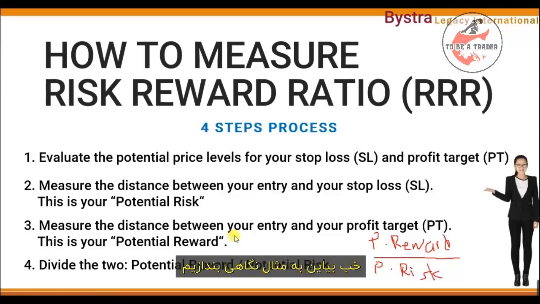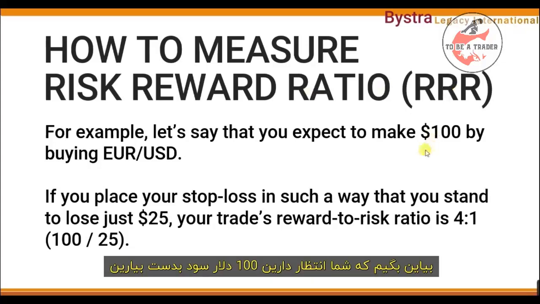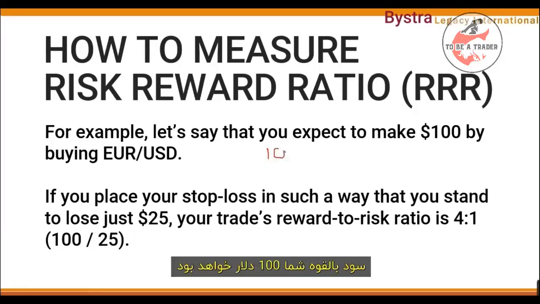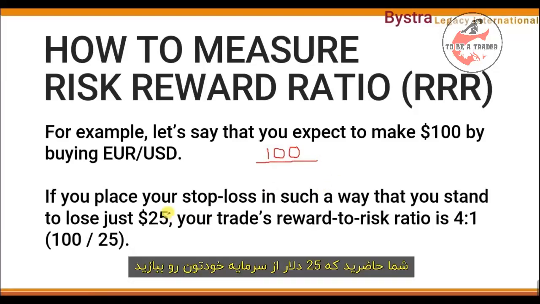Okay, so let's look at an example. Let's say you expect to make $100 profit. Your potential profit will be $100, and you are willing to lose just $25 of your equity.